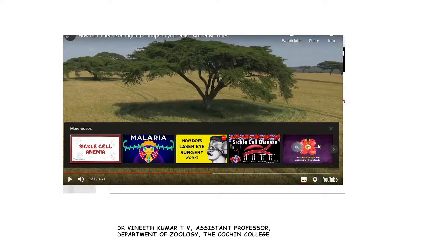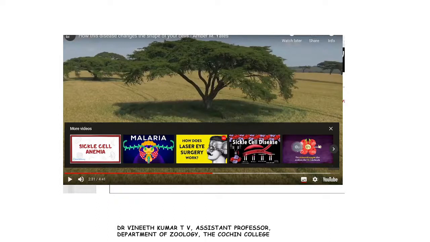Normally, in the sense that if a particular person is producing 1000 RBCs from the bone marrow, 500 will be normal because half will be from one allele and half will be from the mutant gene, since the person is heterozygous. So such a heterozygous individual will have half HbS. That means whenever a low oxygen concentration comes, half will form the sickle shape. Half will be carrying out the process of oxygen transport.